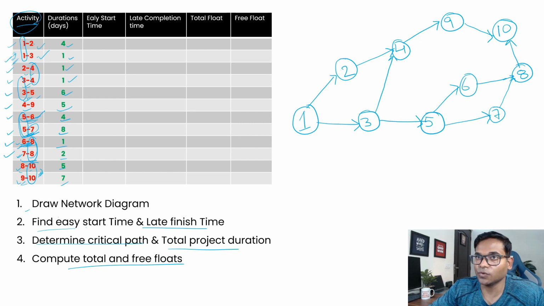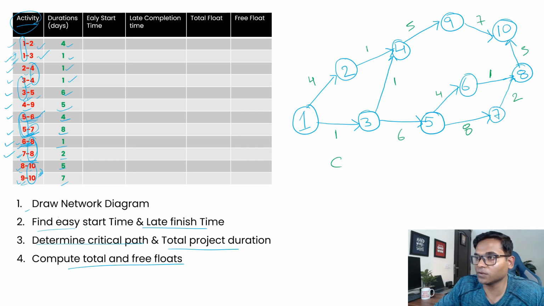So let's say 1 to 2 duration is 4, 1 to 3 duration is 1, 2 to 4 duration is 1, 3 to 4 duration is 1, 3 to 5 duration is 6, 5 to 6 duration is 4, 4 to 9 duration is 5, 5 to 7 duration is 8, 6 to 8 duration is 1, 7 to 8 duration is 2, 8 to 10 duration is 5, then 9 to 10 duration is 7, right?